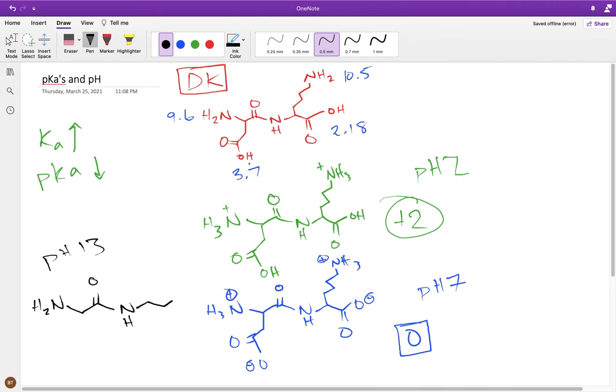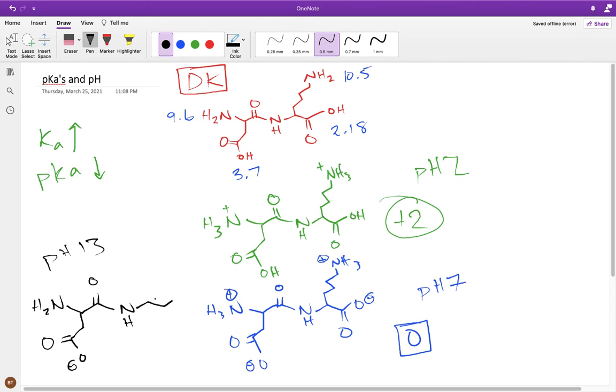So now with the acidic group, we already said that it was deprotonated at a pH of 7, so any higher, it's going to remain deprotonated. And then we'll consider this guy up here, lysine, pKa of 10.5. Our pH is at 13.